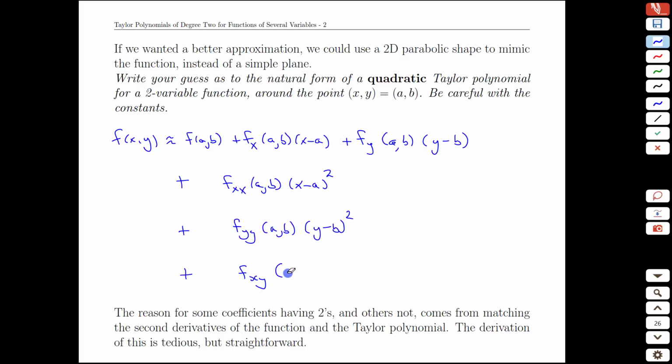We take the mixed partial derivative at the same point, and instead of just x squared or y squared, well, we have x and y in here, so maybe not surprisingly, we have a mixed multiplier here as well. And so there's a lovely structure to this. One derivative of x, one x multiplier. One y derivative, one y multiplier. An x and a y derivative, an x and a y multiplier.